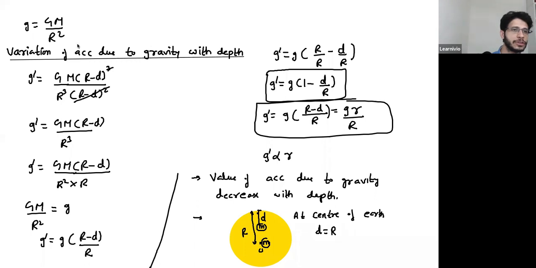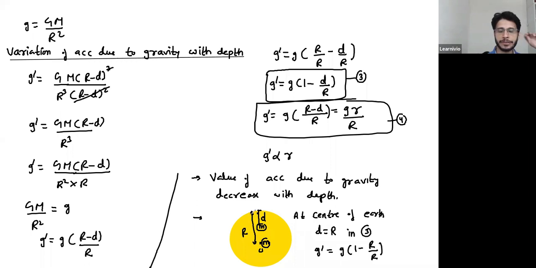Let's call this equation number 1. Now we already have 1 in it. Let's name this as 3, and this as 4. Put d equal to r in 3. Then your g prime would be g (1 minus r by r).